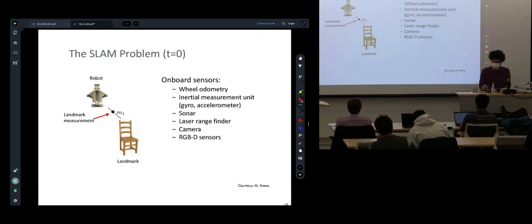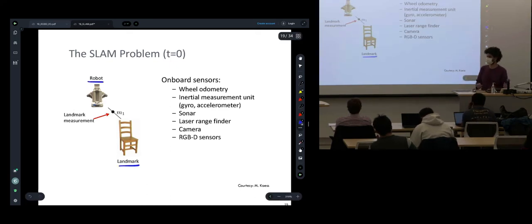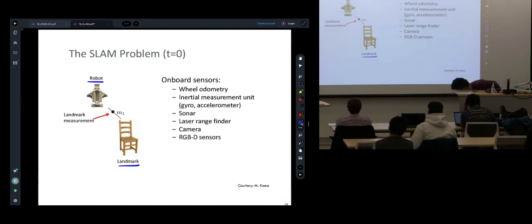You have your robot here, and then you have a landmark in the environment. Suppose your camera can detect the object and it will tell you the 2D or 3D position of this landmark.